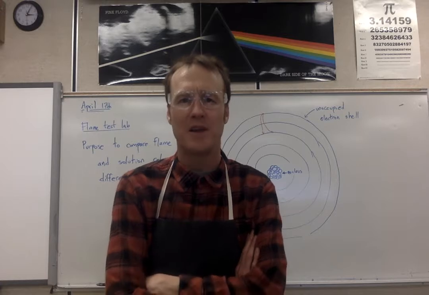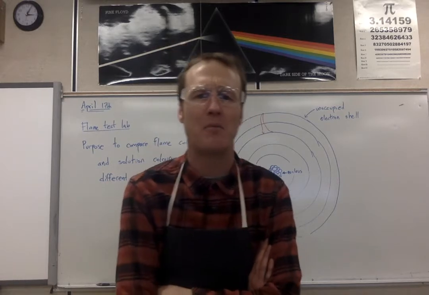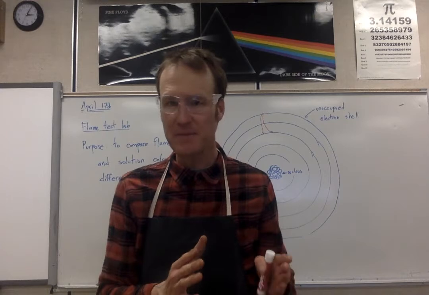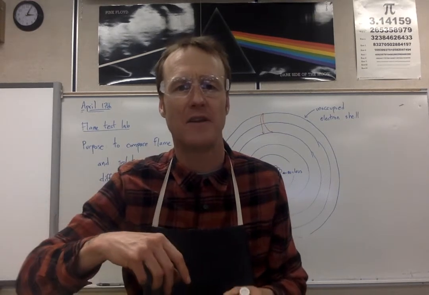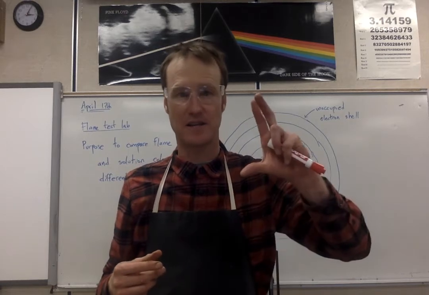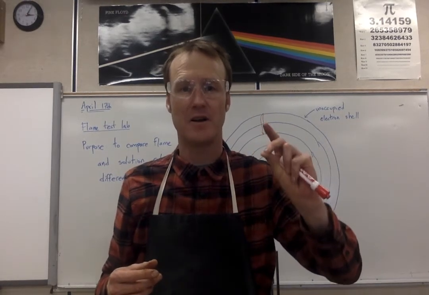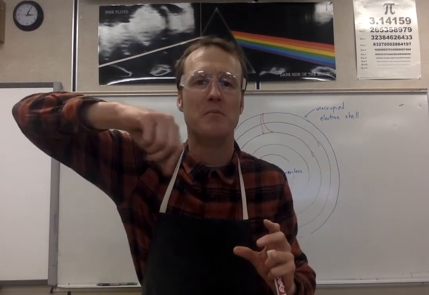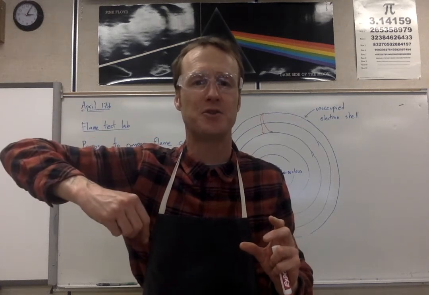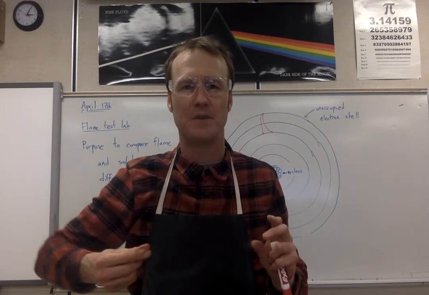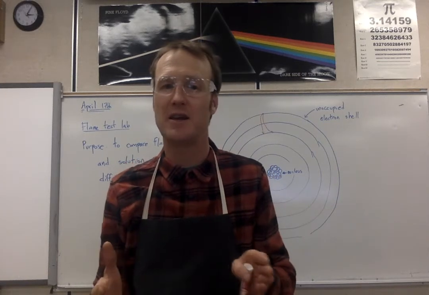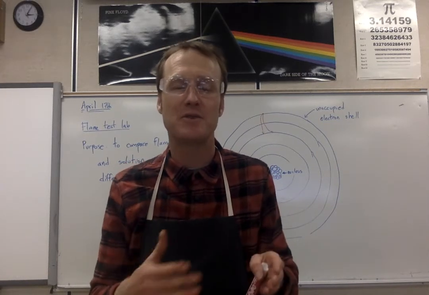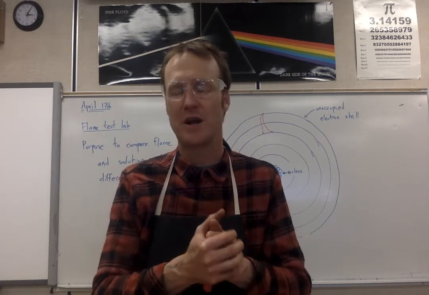One is I want to see you compare the flame test result with the result of making a solution out of it. Making a solution, you're just taking some of the salt, the ionic compound, and adding water, mixing it around. Some solutions have a color, some don't. You're going to compare the solution color with the flame test color, and we may get the same result, or we may not. So that's the one purpose.